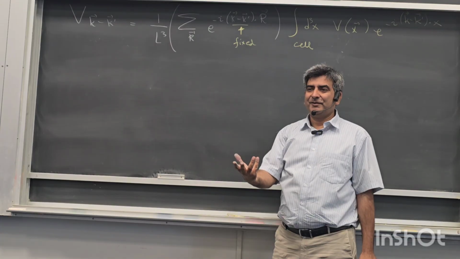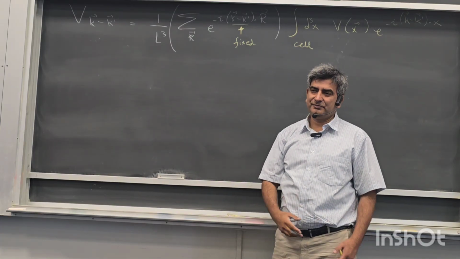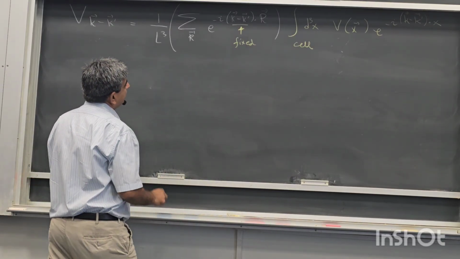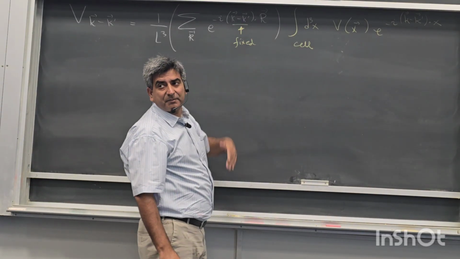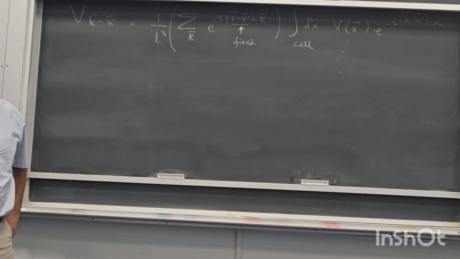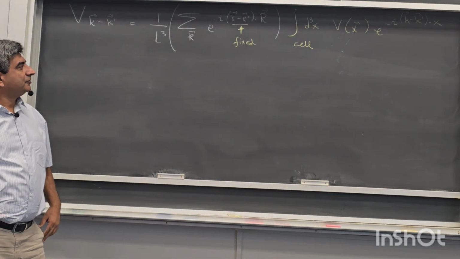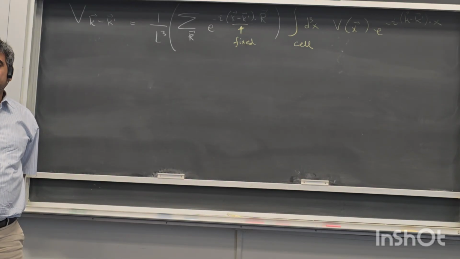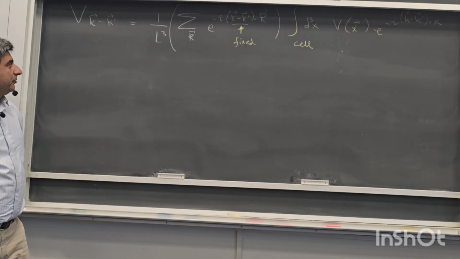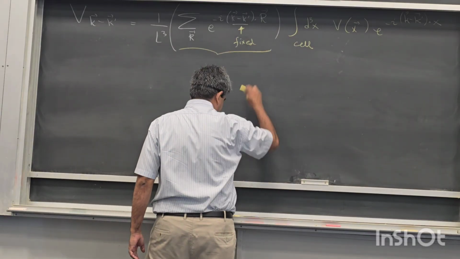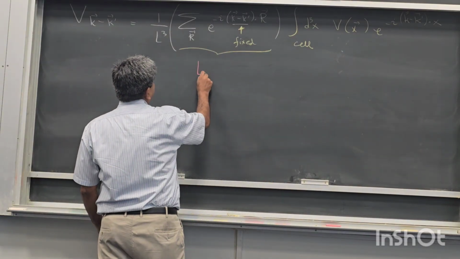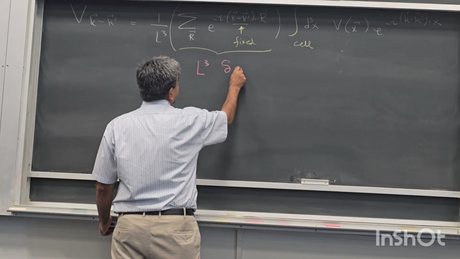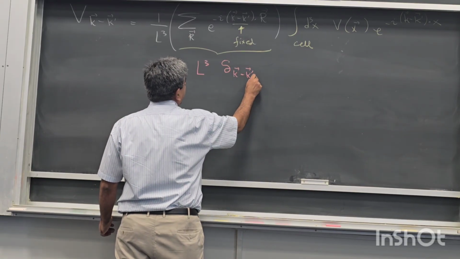Only then would this term not be equal to 0. So this is something we've already seen. We know that k minus k prime has to be some multiple of the reciprocal lattice vector. Otherwise, the coefficient will turn out to be 0. So the resolution of this sum equals L cube times the Kronecker delta of k minus k prime comma G.